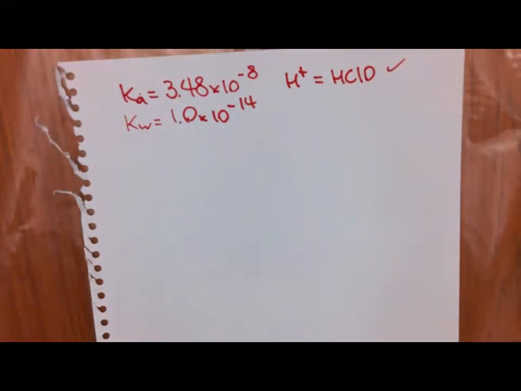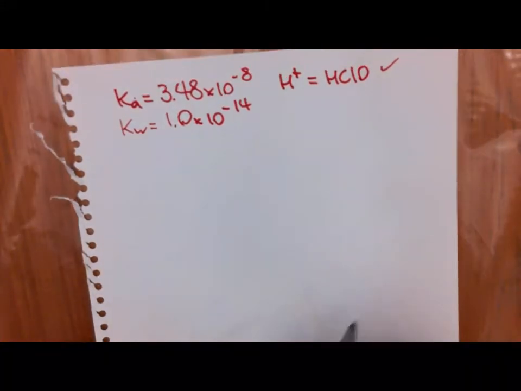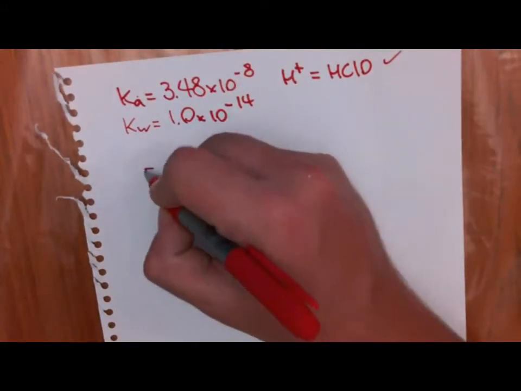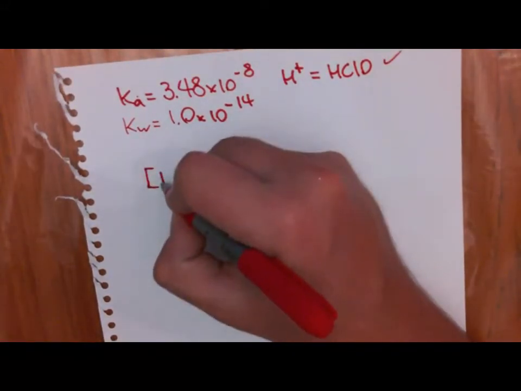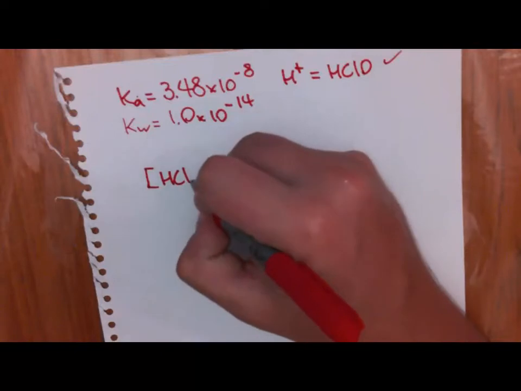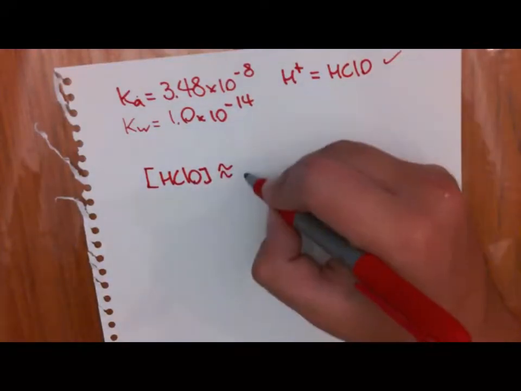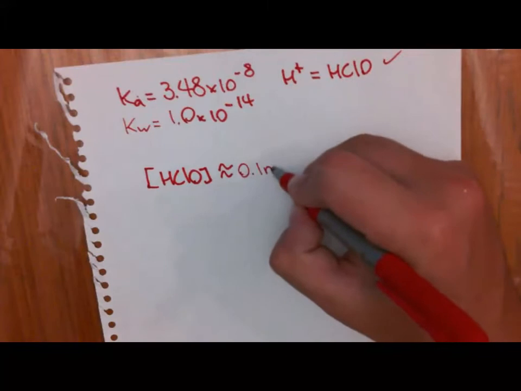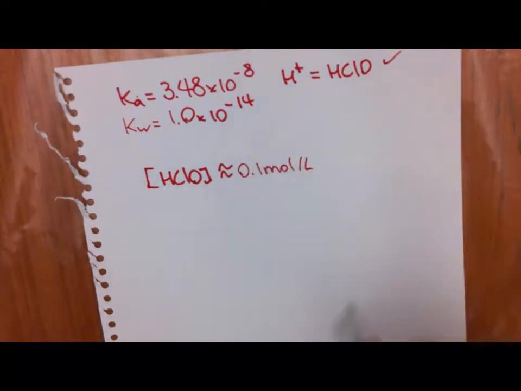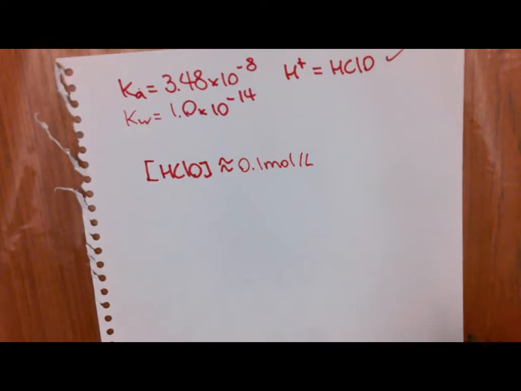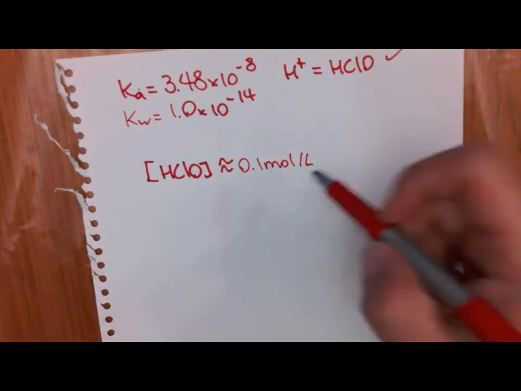Our second assumption that we need to check is the assumption that our equilibrium concentration of HClO is going to be approximately equal to 0.1 moles per liter, because we thought that this was going to be such a weak acid that this is an assumption we can make.